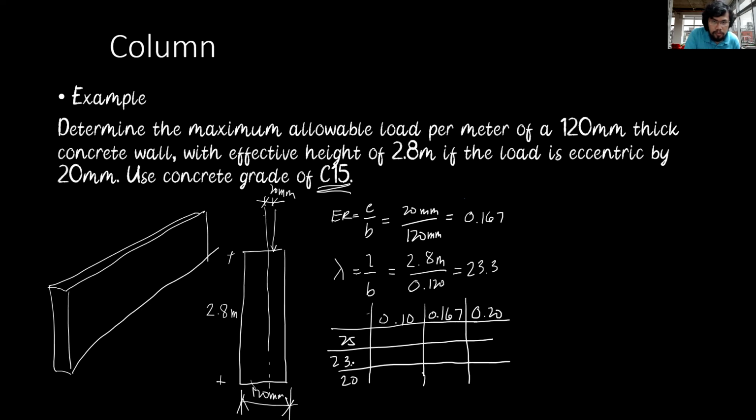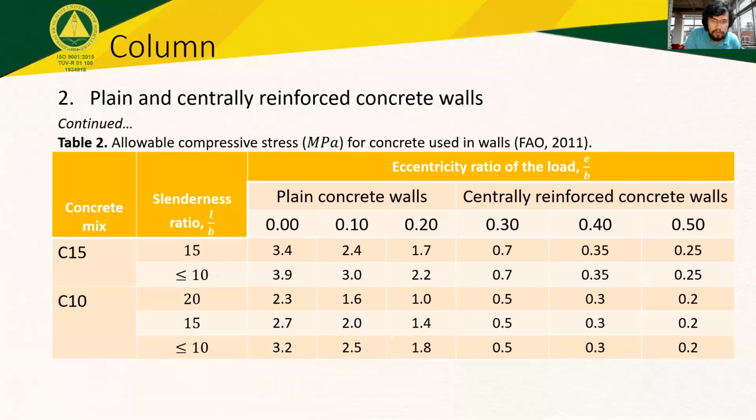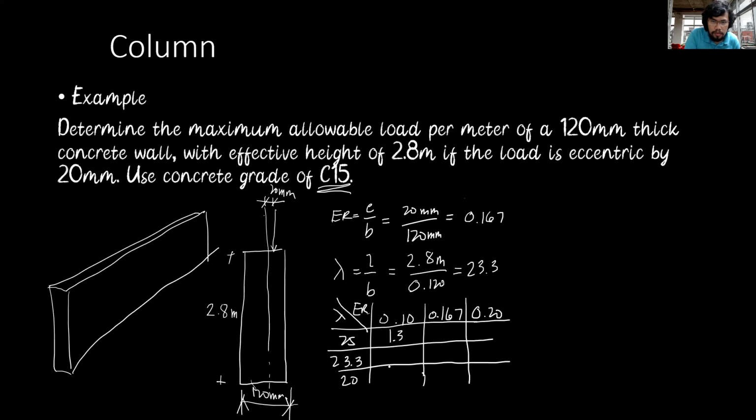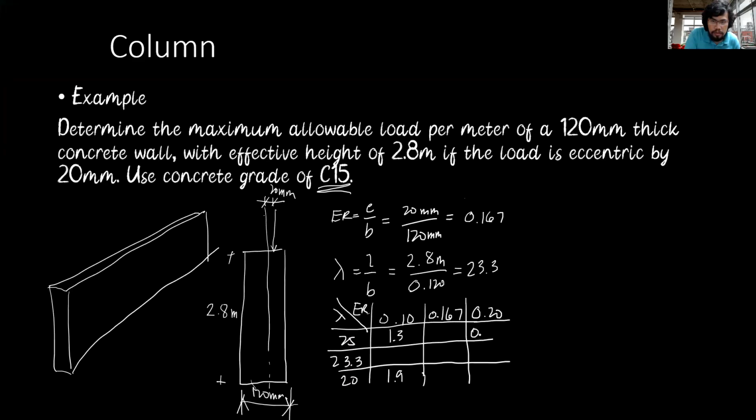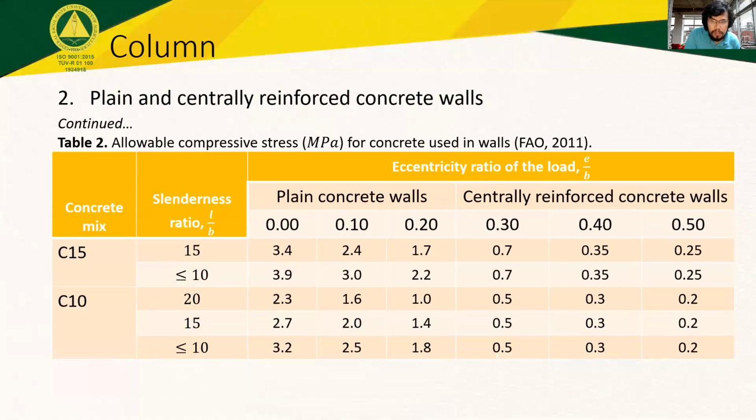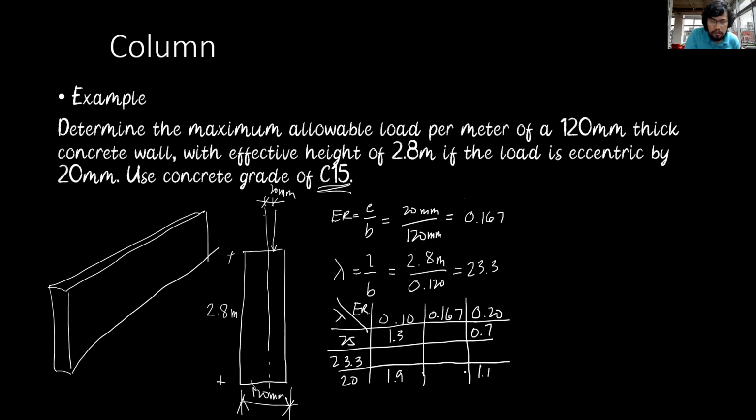We're trying to find 23.3 of the lambda, or the slenderness ratio, and we have ER over here. The values are 1.3, 1.9. We have 0.7, 1.1. So we're trying to find this value.